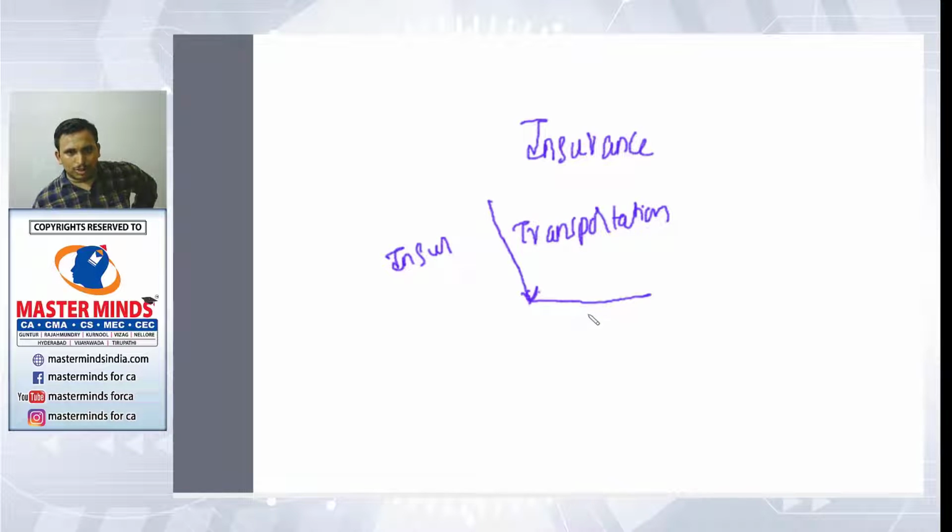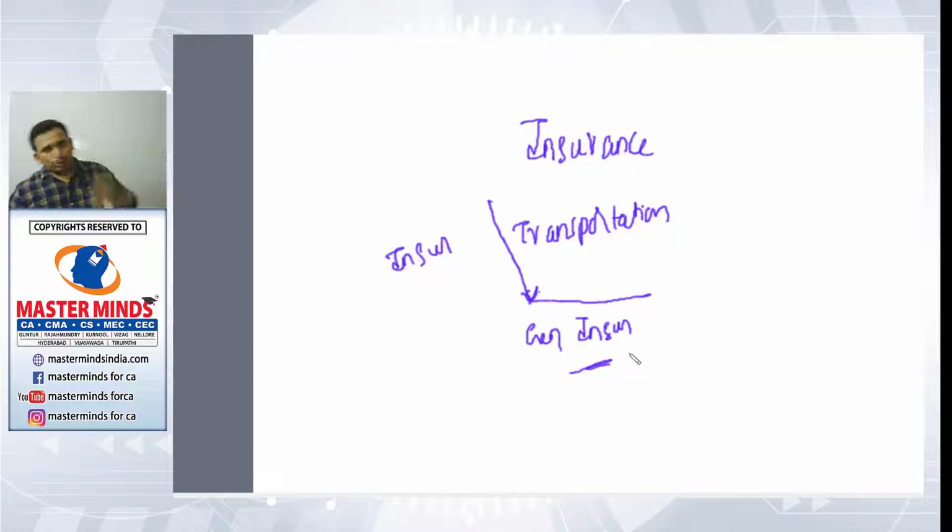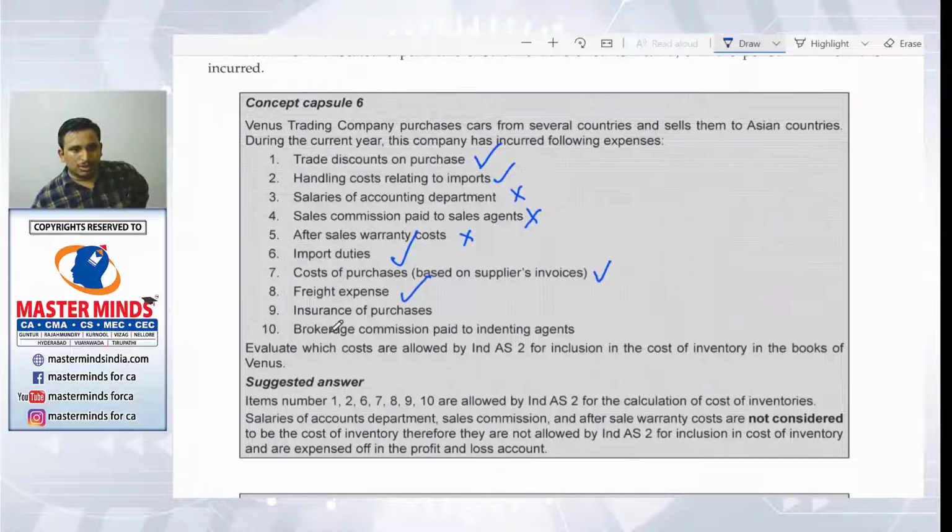After coming to the location, if you insure once again, general insurance, maybe due to fire or any other things, then this need not be considered. Once it has arrived at the location, if you do some insurance, that is not a direct expense, so that should not be considered. Make it very clear. If the insurance is at the time of purchases, transportation insurance, then that can be considered. But later on, any general overheads may not be considered.